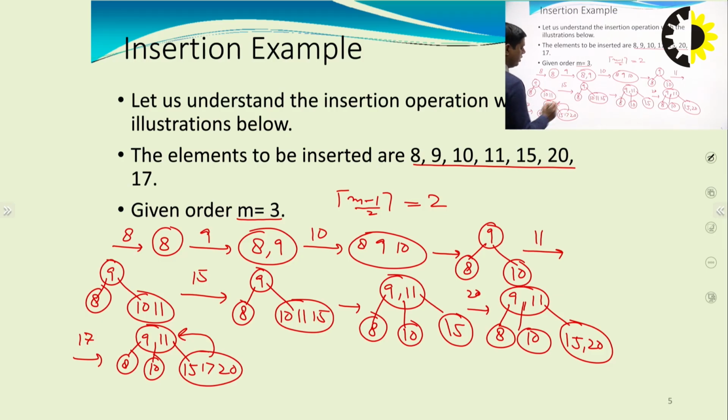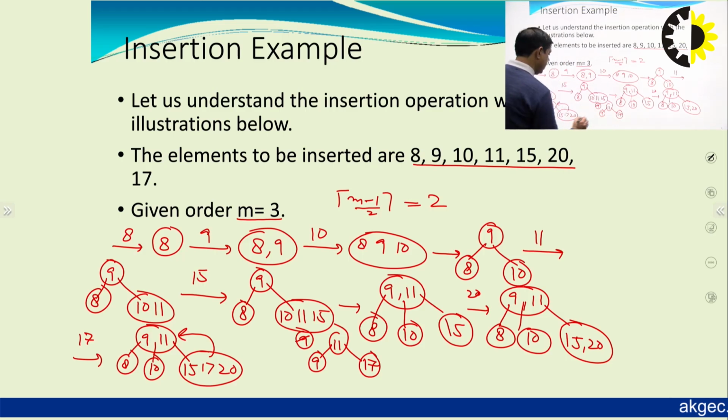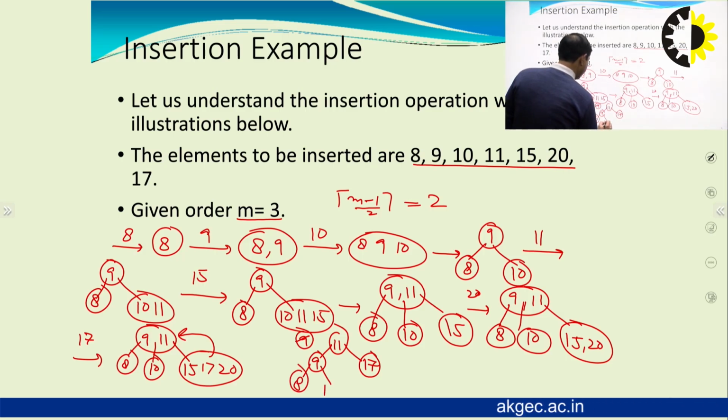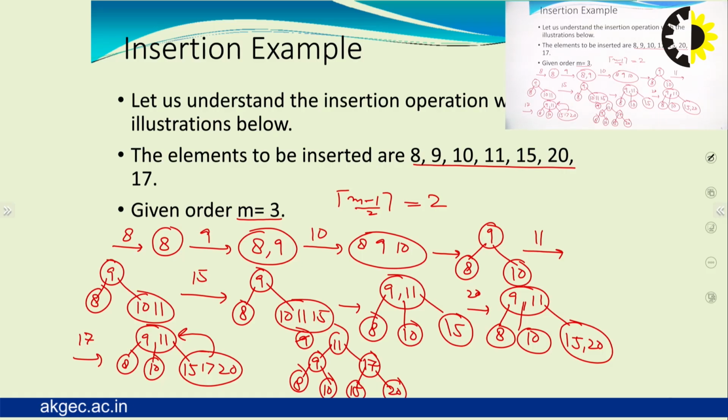And again we will split this node, so 9 will be the root, and here we have 8. Already we have 10. Here we have 15, and here we will have 20. So in that way, the B tree will be constructed.